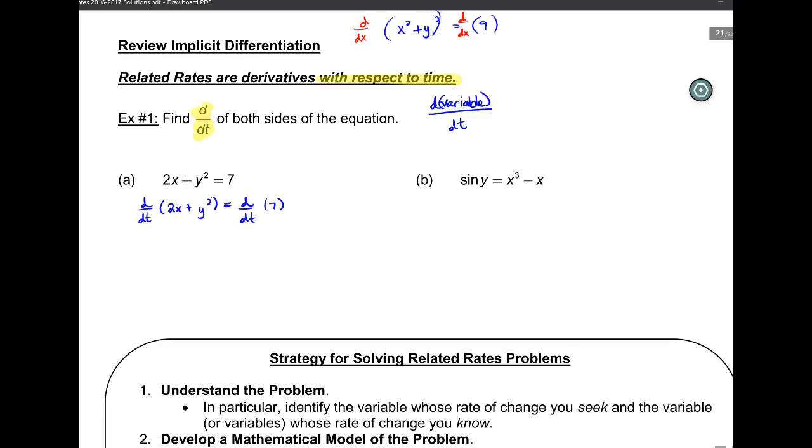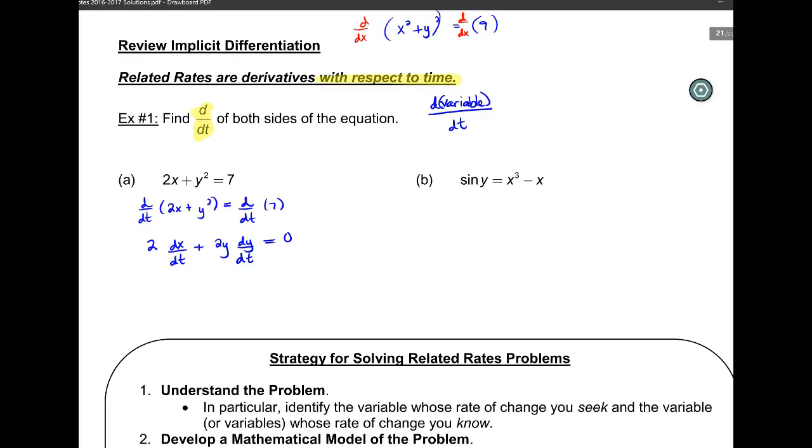So the derivative of 2x is 2, but then we have dx dt. Plus derivative of y squared is 2y dy dt. And then on the right side, that's a constant, so that just becomes 0.